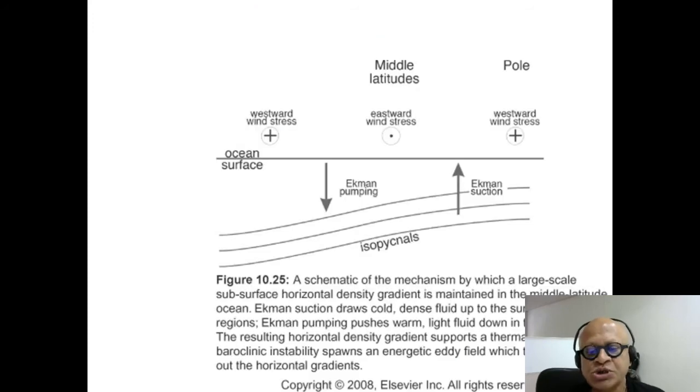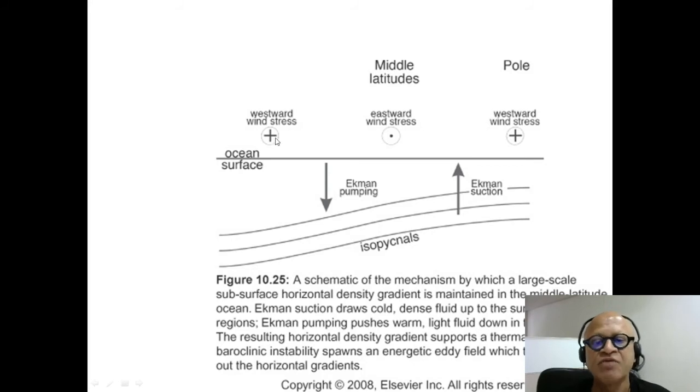In the ocean, as opposed to this radiation-forced available potential energy and the tilts in the atmosphere, the tilts are entirely created by the mechanical energy of the winds dragging around the ocean. Okay, so you remember we have wind stress curl and Ekman pumping in the subtropical gyre, and you have Ekman suction and wind stress curl pumping up the isopycnal surfaces in the subpolar gyre.